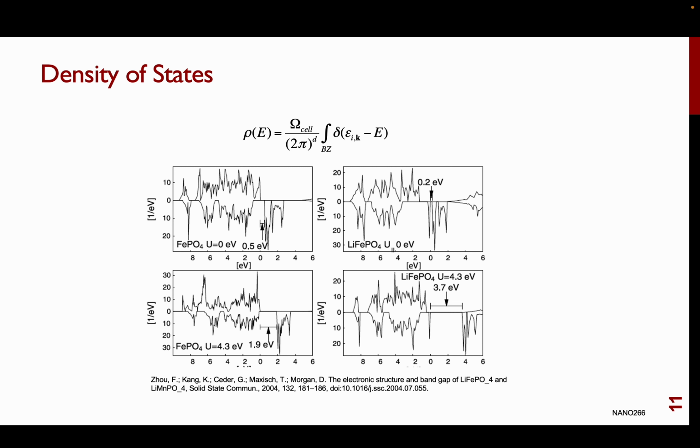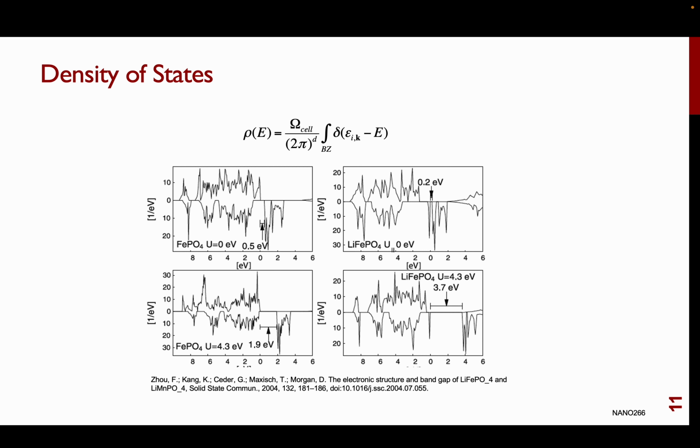Okay, and what I show here are examples from a calculation that was done quite some time ago, in 2004, on this very famous battery material called lithium iron phosphate. And what you see is that one main problem with density functional theory calculations is that if you are not applying a Hubbard U, you tend to significantly underestimate the band gap, right?